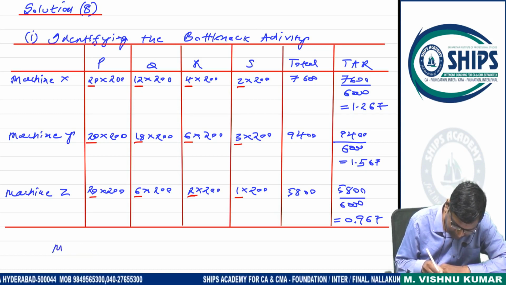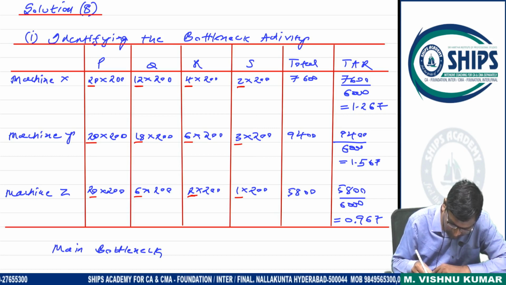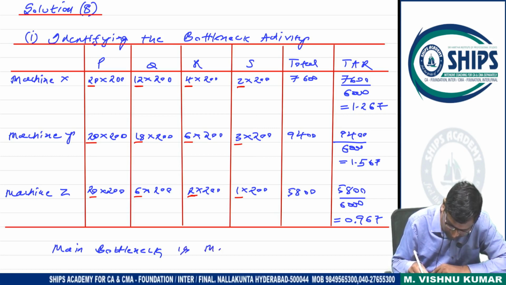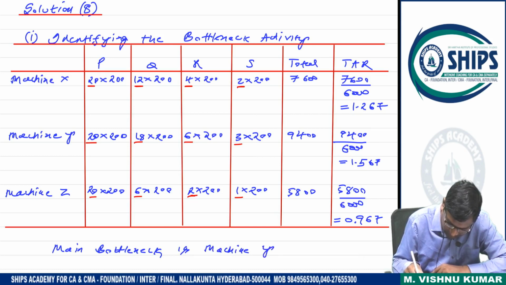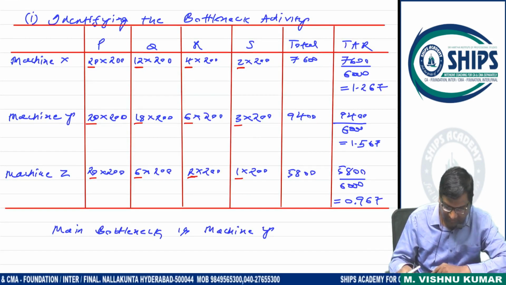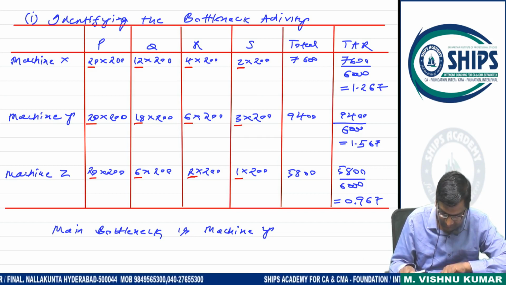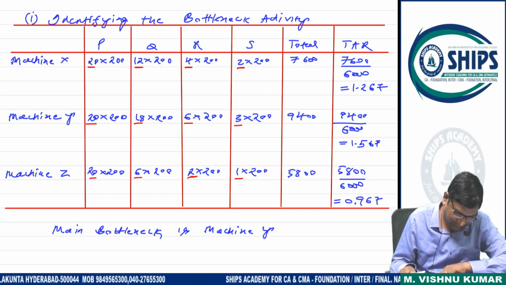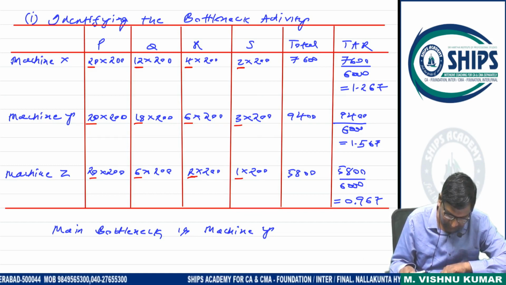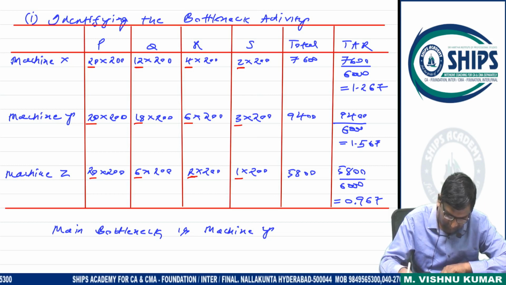So main bottleneck is machine Y, because availability is 6,000 only, but requirement is 9,400.